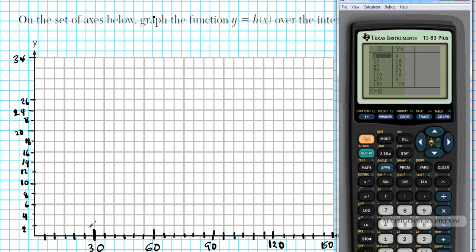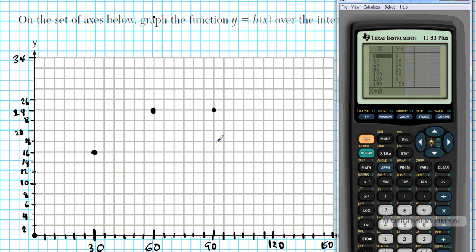So 0, 0. 30 goes to 16. Where's 16? Right there. 30 goes to 16. 60 goes to 24. Where is 24? Right there. And then 90 goes to 24. Wow, that's nice. 90 goes to 24 right there.